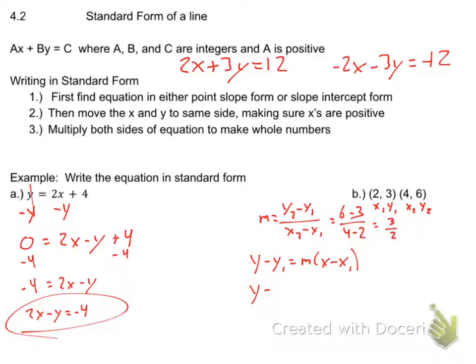So y minus 3 equals 3 halves and x minus 2. Oh boy. So I gotta get it to slope-intercept form now. And so I am not going to do anything with the y minus 3, but I am going to distribute in, so that equals 3 halves x.